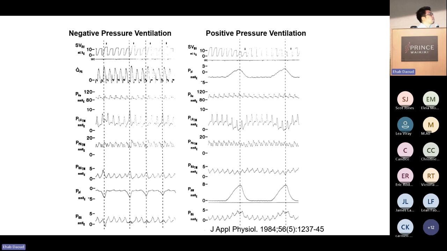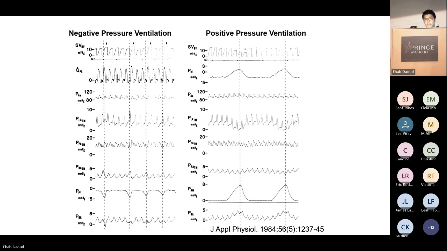So between negative pressure ventilation and positive pressure ventilation, opposite consequences happen. So this is something we have to remember. So just in summary, with negative pressure ventilation, during the inspiration, stroke volume goes up. And with positive pressure ventilation, stroke volume goes down during the inspiration.